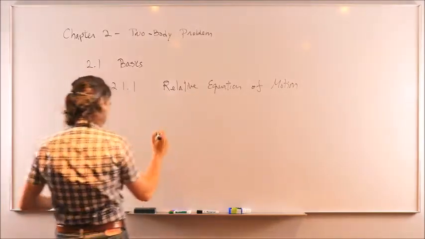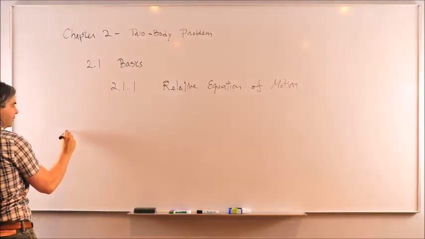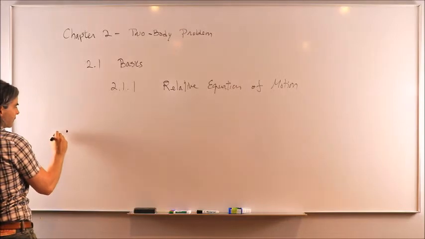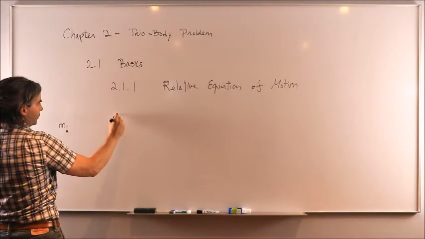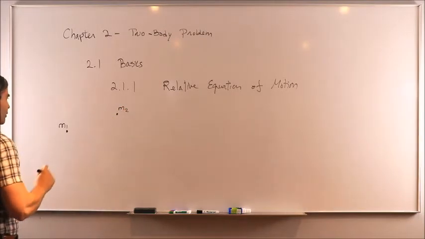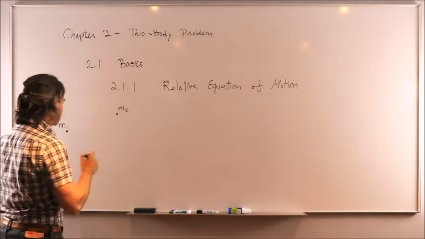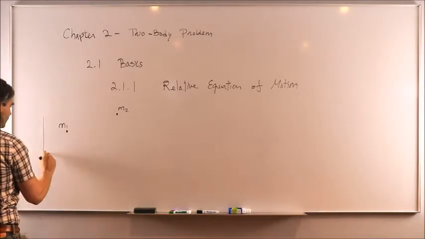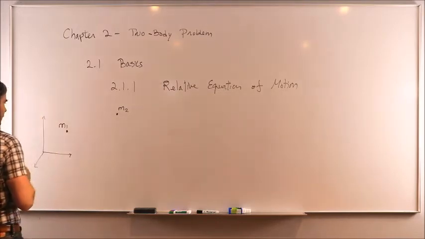So, let's assume that we have 2 point masses, say M1 and M2 over there, and that their position is seen from an inertial reference frame like that.